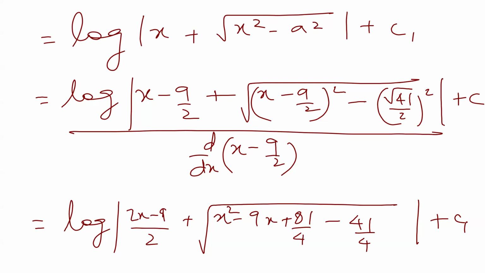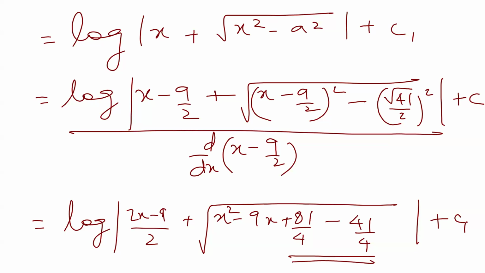A is root 41 by 2. So this will be 41 by 4, x minus 9 by 2 the whole square. So x square plus 81 by 4 minus 9x. Okay, fine. So this will be 40 upon 4, the last two terms.